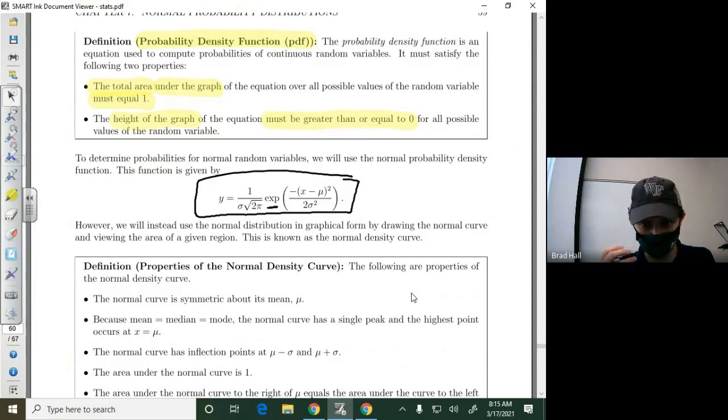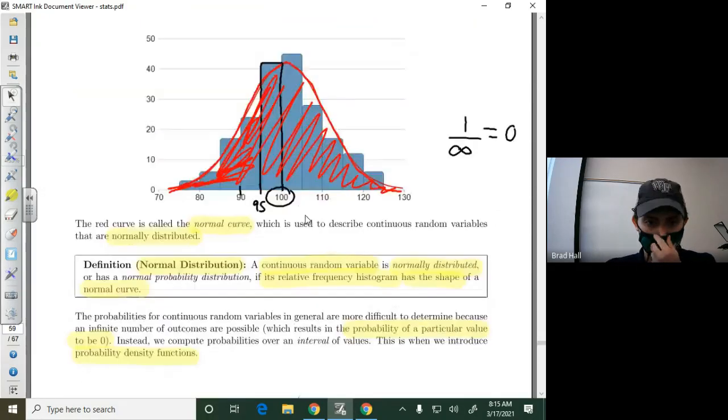So instead of using this formula, what we're going to use instead is a graphical representation of this formula. This formula represents ultimately the area under this curve for certain regions.